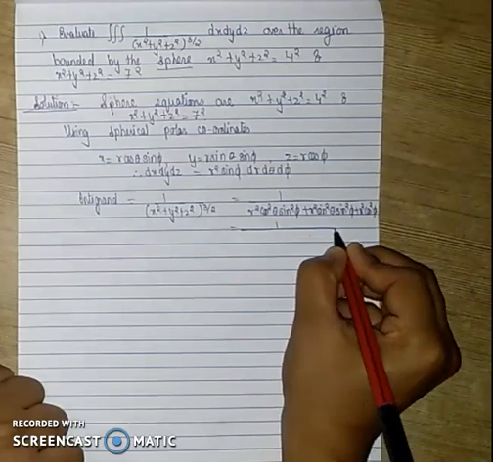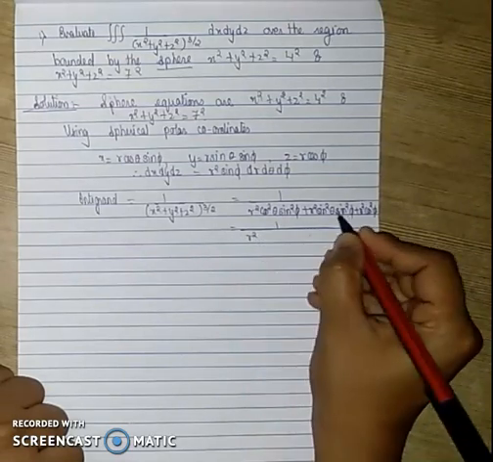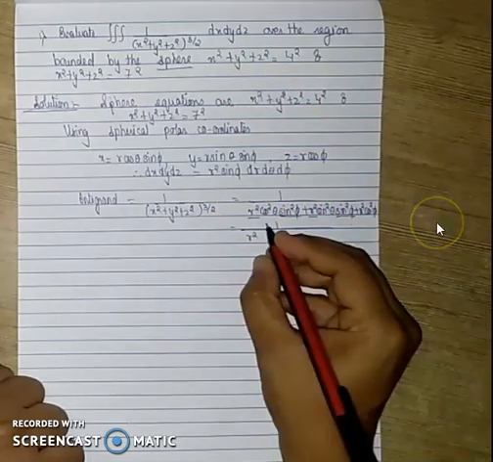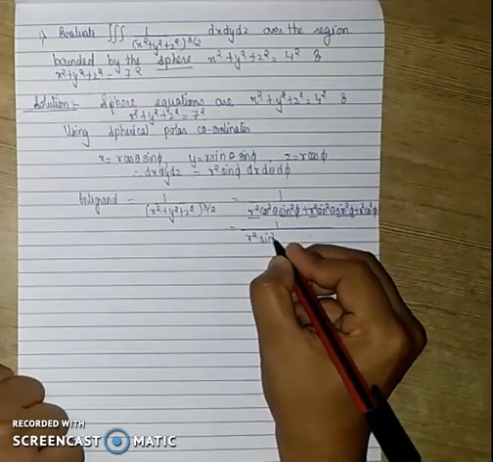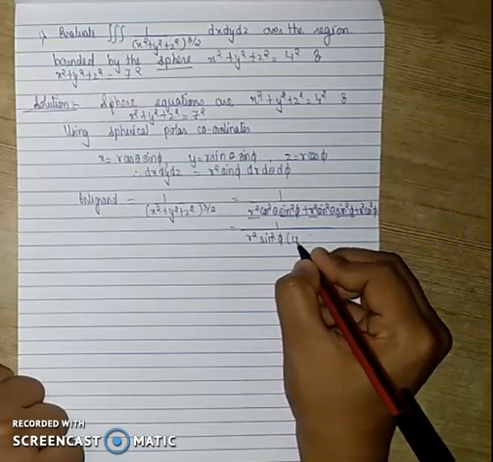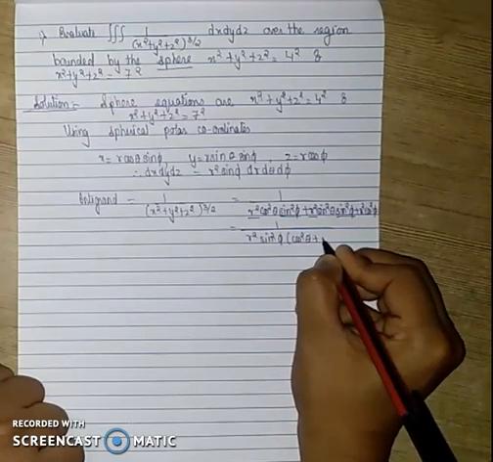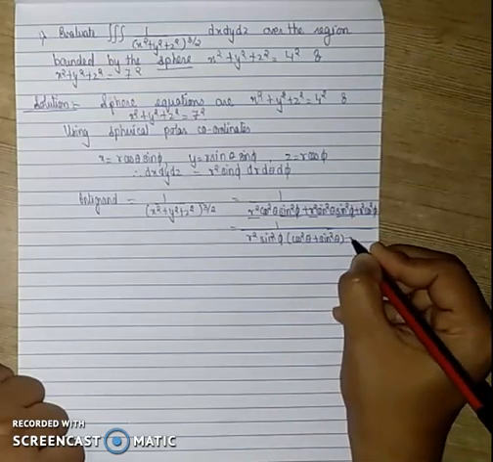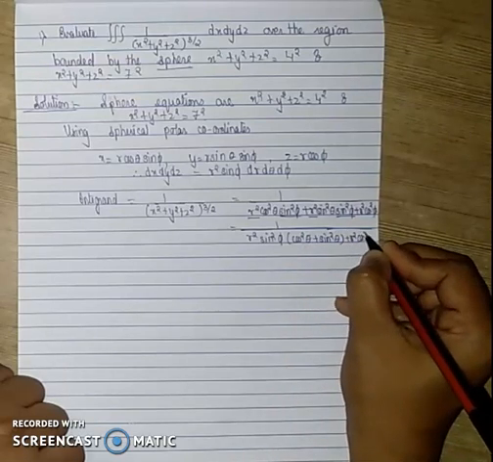We'll take r square sin square phi common. In the bracket, we are left with cos square theta plus sin square theta. Remember, there is an r square cos square phi remaining.